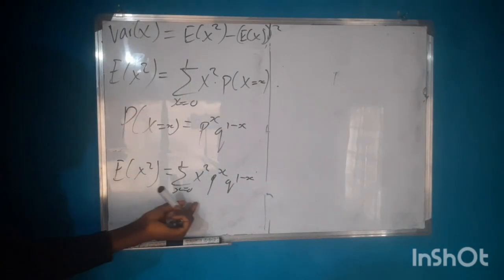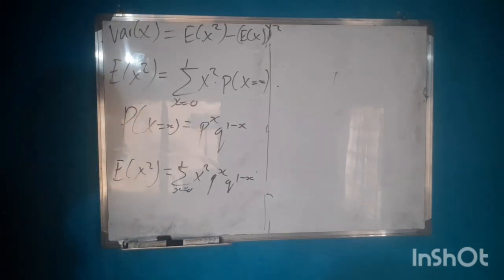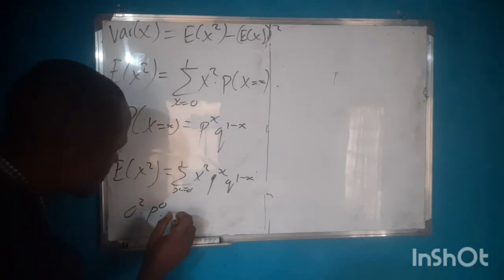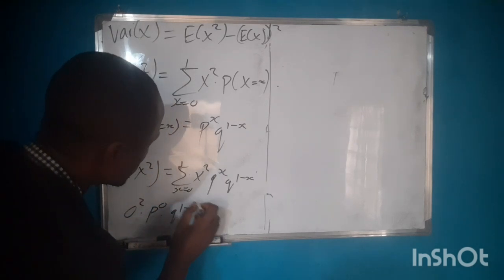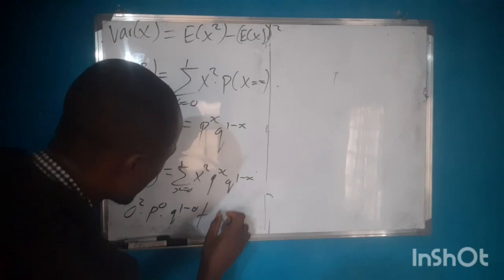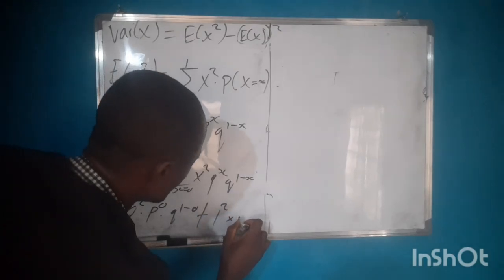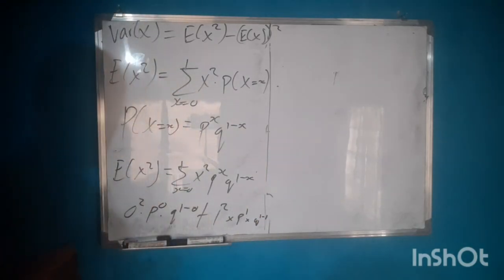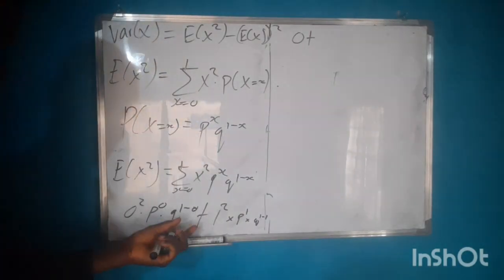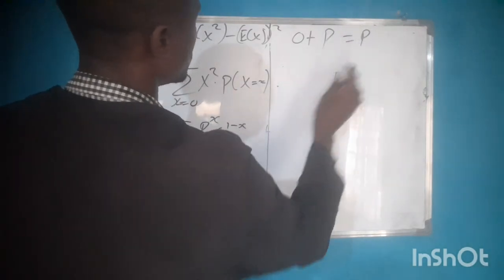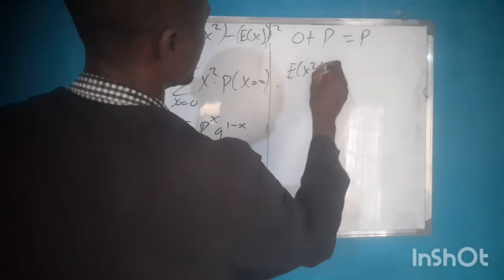Substituting the values of x: when x is equal to 0, you have 0 squared multiplied by p raised to power 0 multiplied by q raised to power 1 minus 0, plus, when x is equal to 1, we have 1 squared multiplied by p raised to power 1 multiplied by q raised to power 1 minus 1, which will give you 0 plus p, which is equal to p.